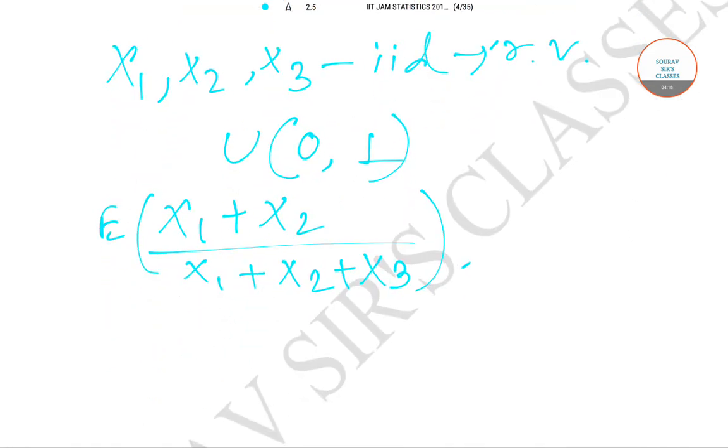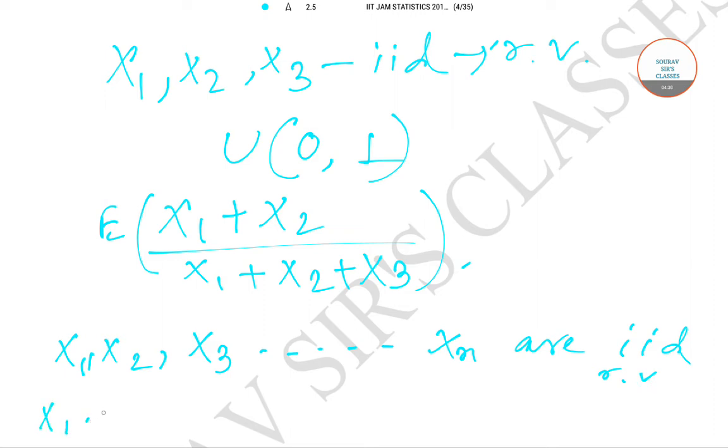Now let us take that x1, x2, x3 and so on up to xn are IID random variables. Also we take that x1, x2, x3 to xm are IID random variables. So what do we mean by IID? IID is independent identical distribution. This does not mean it is referring to one random variable. This is referring to different random variables which are following identical distribution, but they do not have any connection with each other.